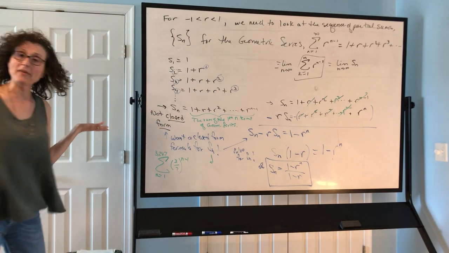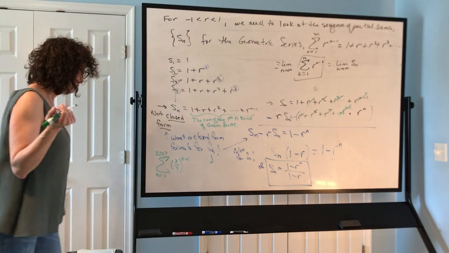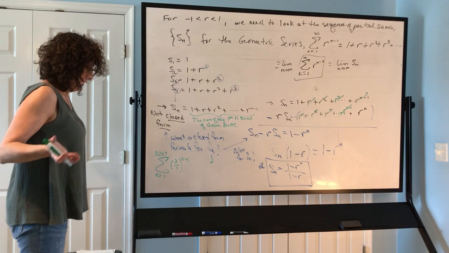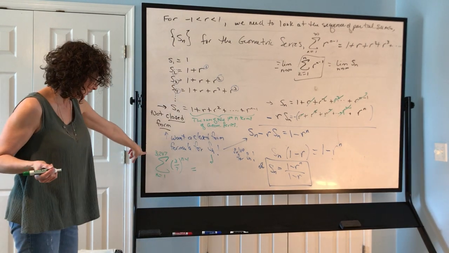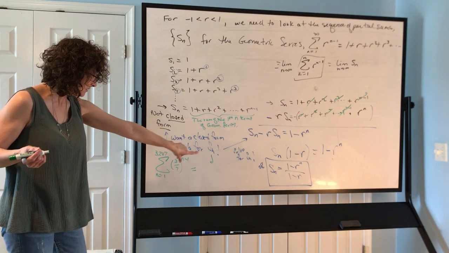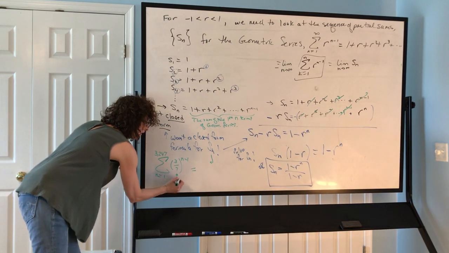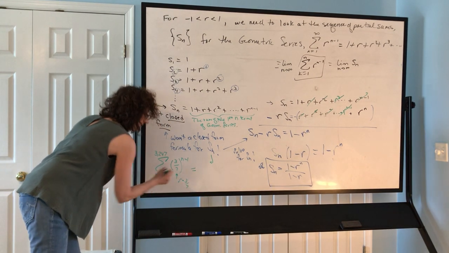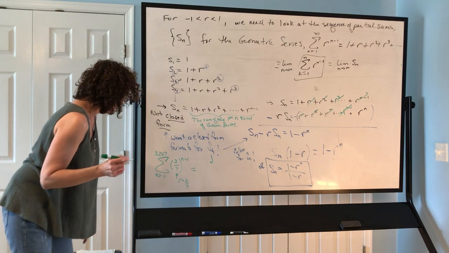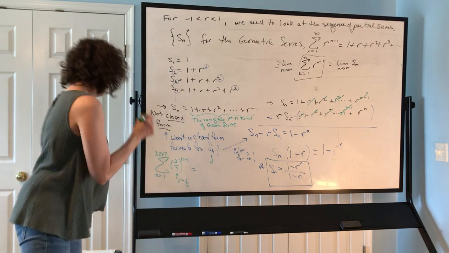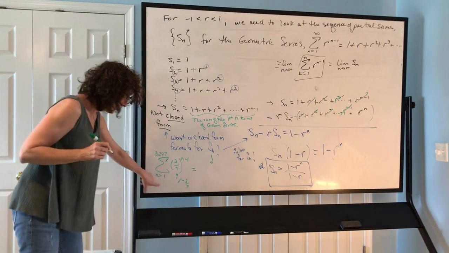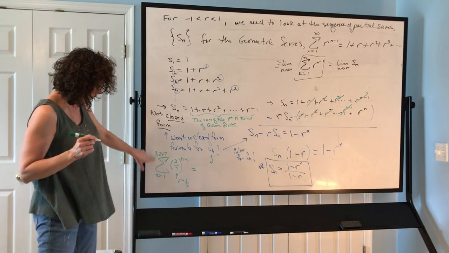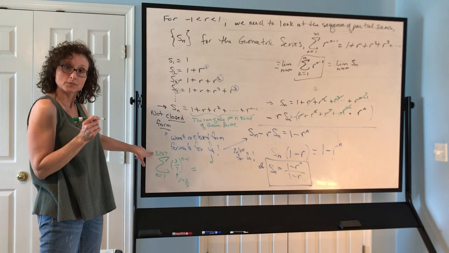Well, what does this formula say it is? What's our r? R is 3/7, and we're going to sum this for 3,247 terms.